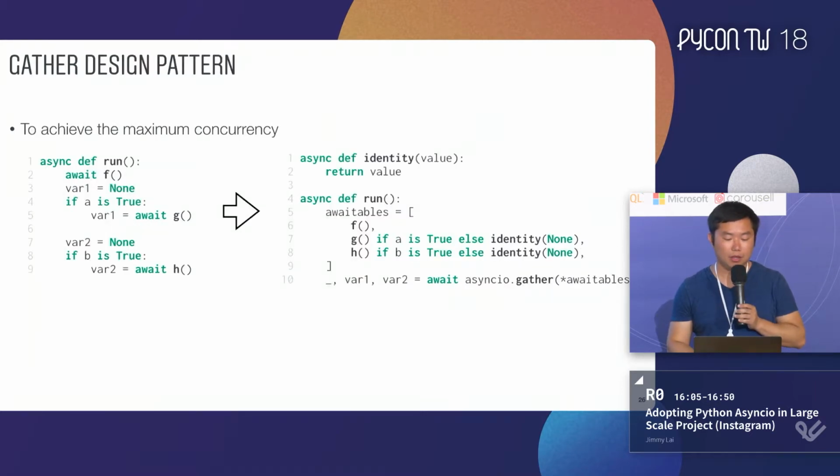And in order to get more latency win, we also try to achieve more concurrency by adding more gather. And we have an awaitable design pattern to make it concurrent.